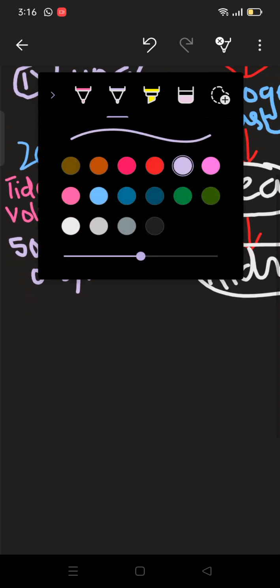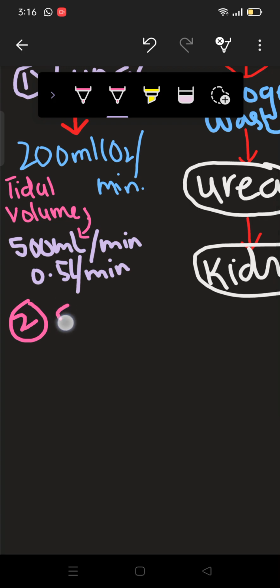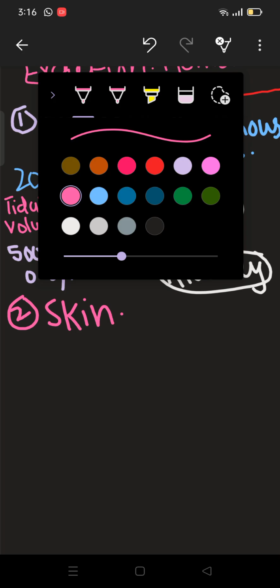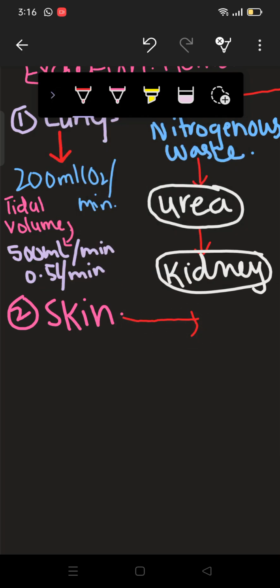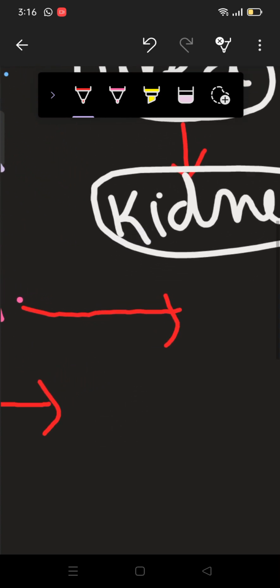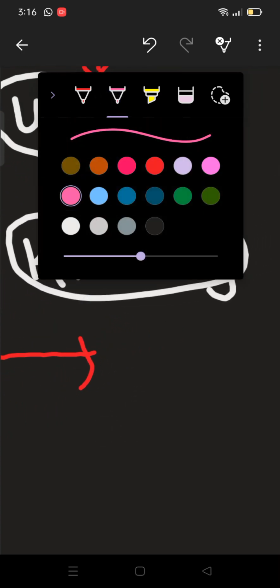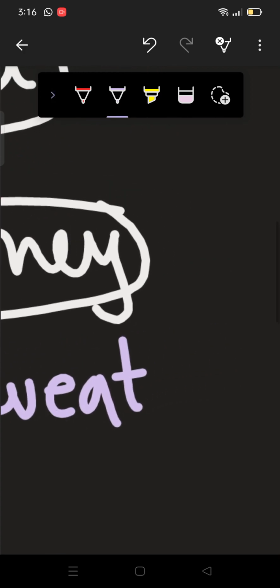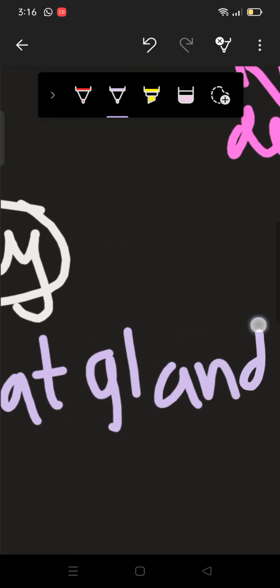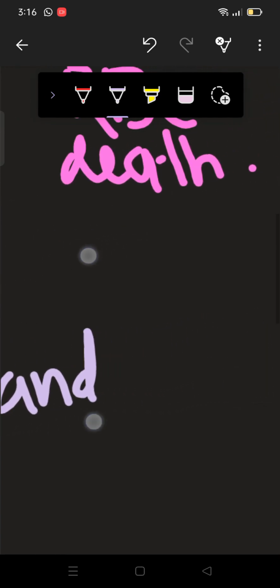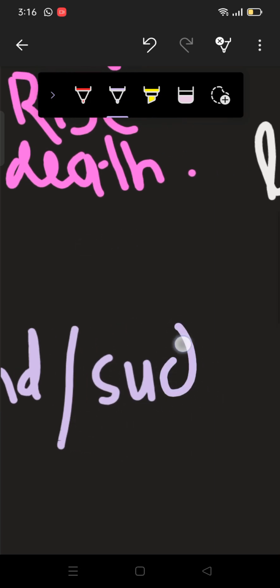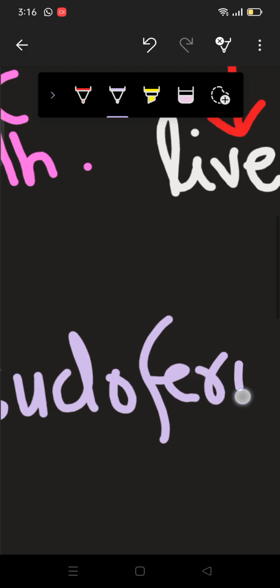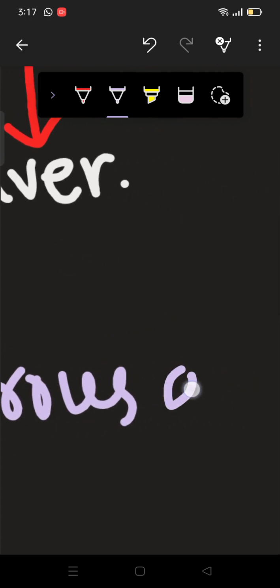Then the second organ we have is the skin. Skin produces two things. Initially I'm going to write the first one: it produces sweat from the sweat gland, which is also known as the sudoriferous gland.